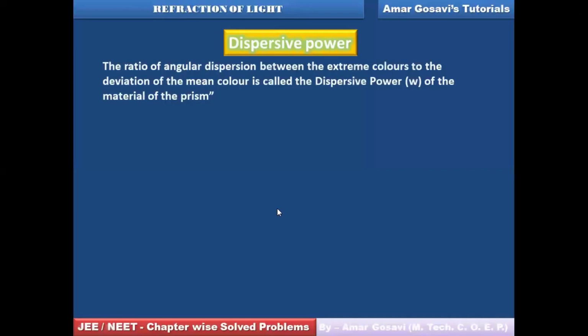Okay, let's define dispersive power. We define dispersive power as the ratio of angular dispersion between the extreme colors to the deviation of the mean color, and it is denoted by the notation omega. It looks like W, but it is omega. So I define dispersive power as the ratio of angular dispersion to mean deviation.